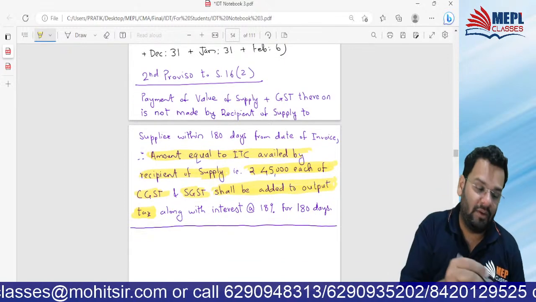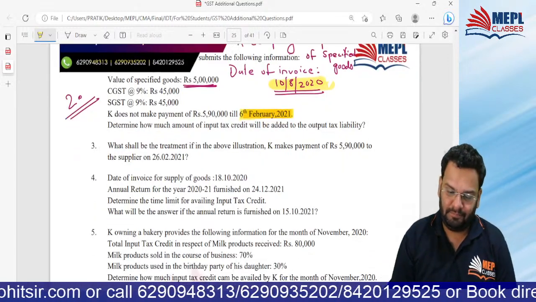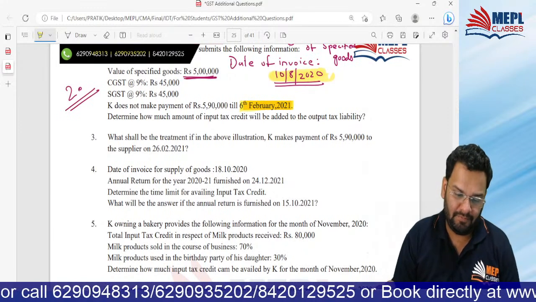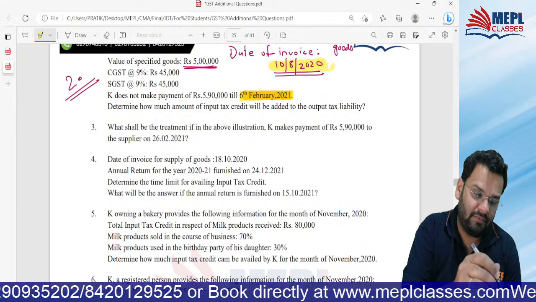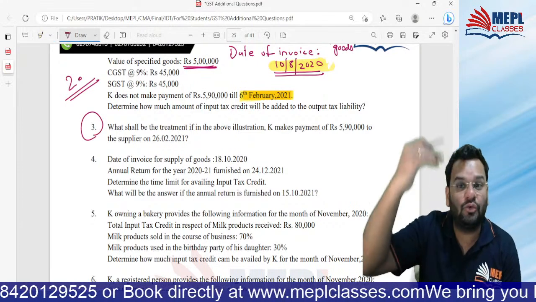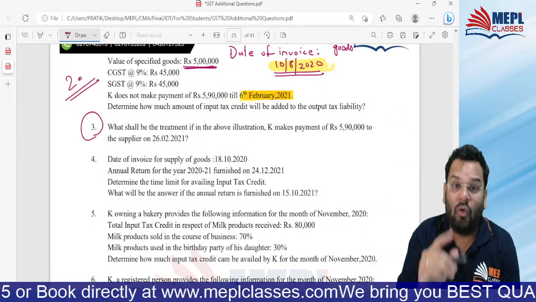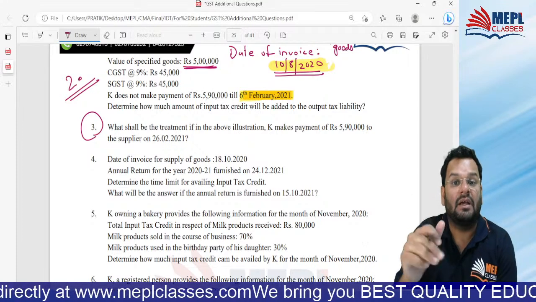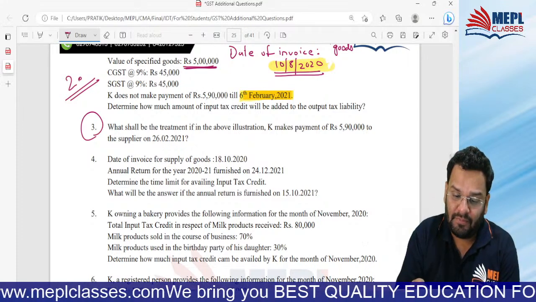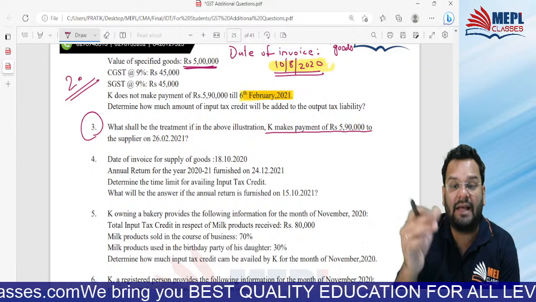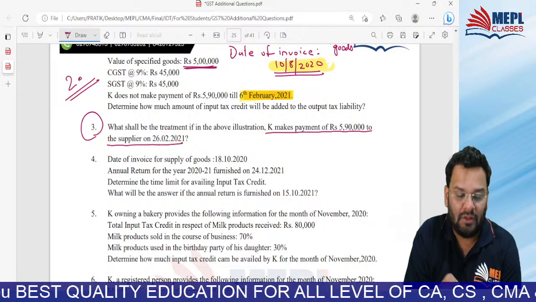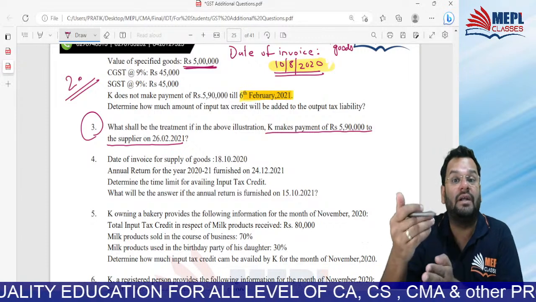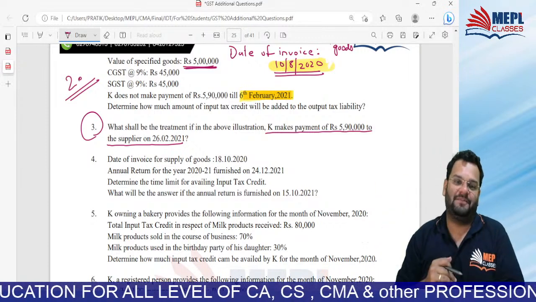Now, one more question. What shall be the treatment? The third question, which is adjoining to the second one. What shall be the treatment if in the above illustration K makes payment of 5,90,000, that is value plus GST, to the supplier on 26th Feb 2021?